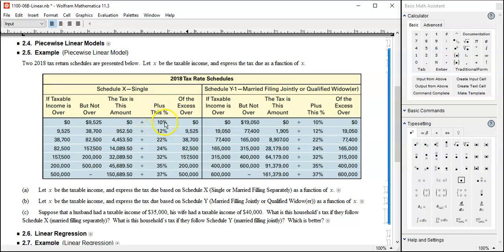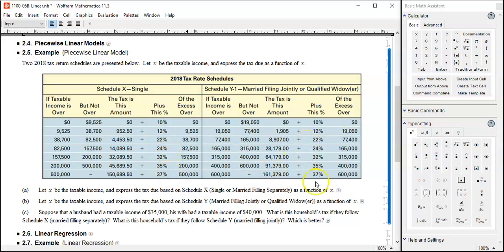This one is the average rate of change, this one here. And the next interval, 9,525 to 38,700, we have another linear model and we have 25. What am I saying? Not 25, 12% or 0.12. That's the rate of change. And then we have the next rate of change of 22% or 0.22 and so on.